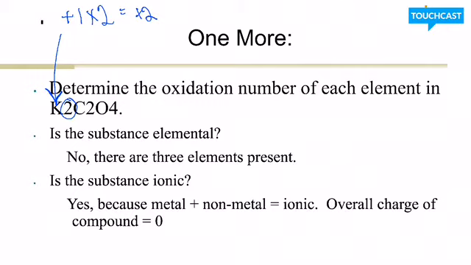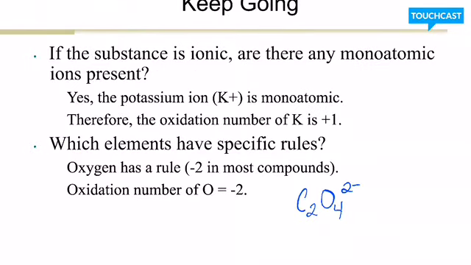So whatever else is left in the compound, this C2O4, since this is an ionic compound, must have an overall charge of -2. In that C2O4 that we know has to have a -2 charge, are there any elements that have specific rules? Yes, your oxygen does.